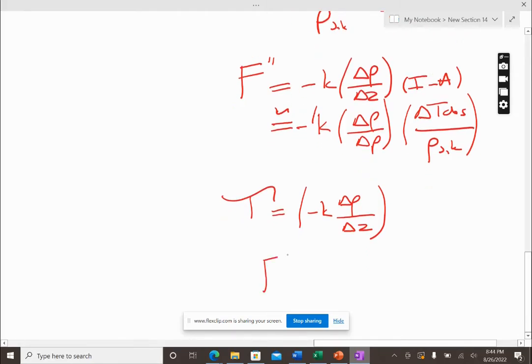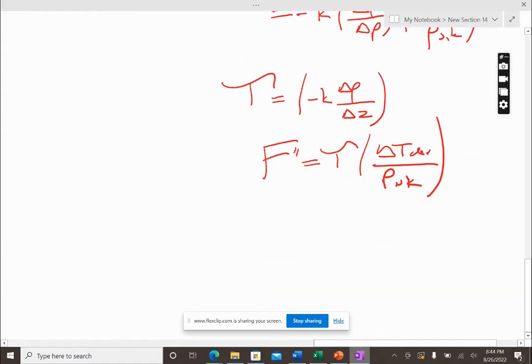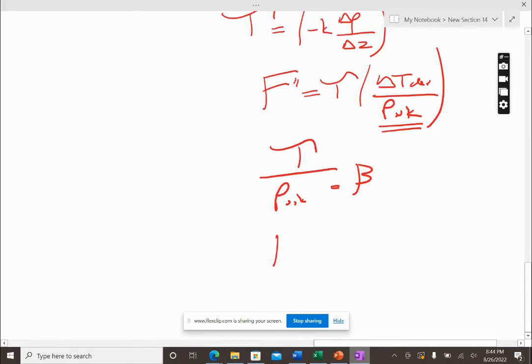So we can rewrite it as F double prime equals tau times delta T design over PJK. Now, because the proportion is relatively constant, we can define a new variable, tau over PJK is equal to beta. So redefining it, we just write F double prime equals beta times delta T design, where delta T design is a variable. It can be altered.